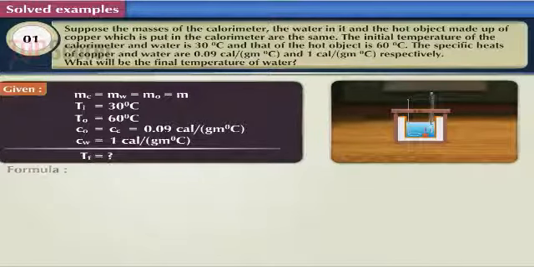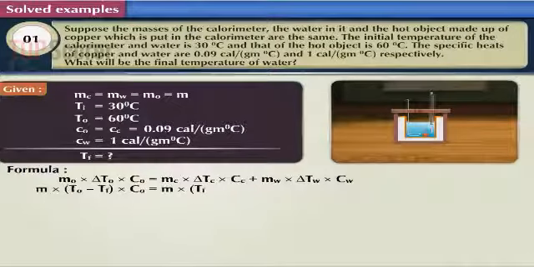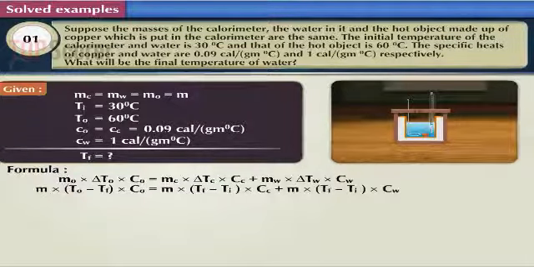Let us first write down the formula. Mo into delta To into Co is equal to Mc into delta Tc into Cc plus Mw into delta Tw into Cw, which is equal to M into (To minus Tf) into Co is equal to M into (Tf minus Ti) into Cc plus M into (Tf minus Ti) into Cw.